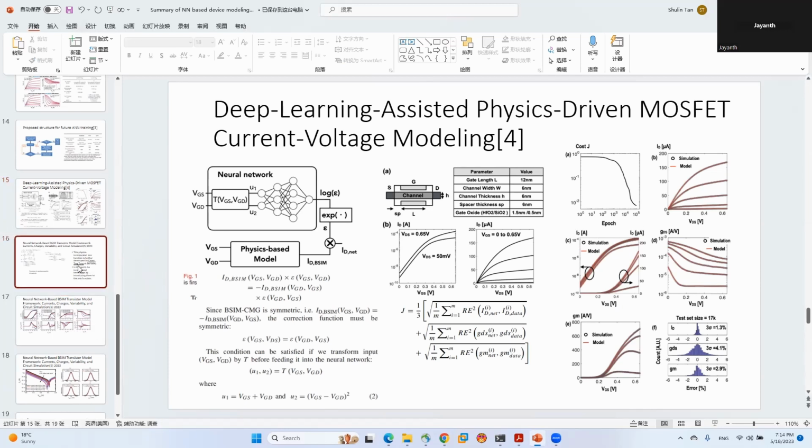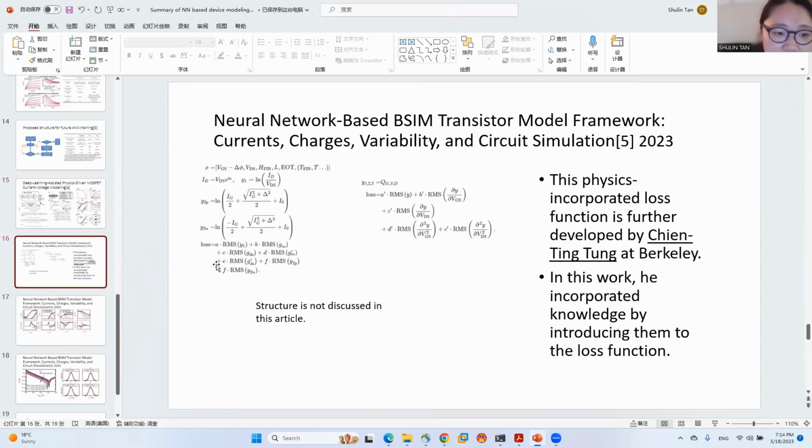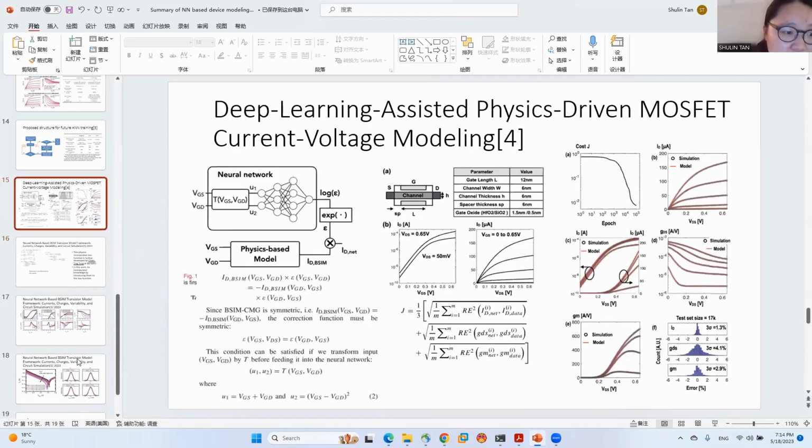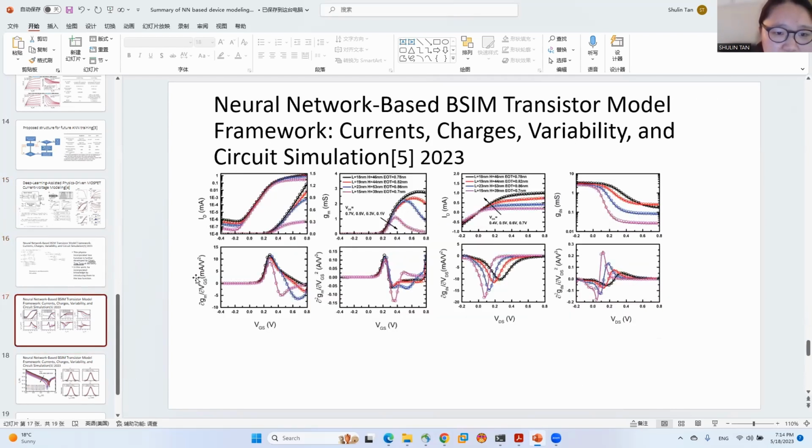And I think what 5 outputs here is that they not only use the first derivative, they also incorporate the second derivative. So basically that's what they do. This shows that they can simulate different terms.